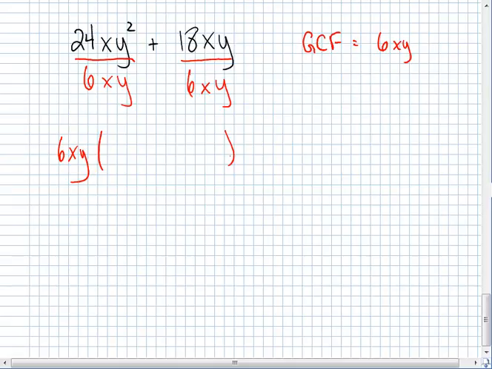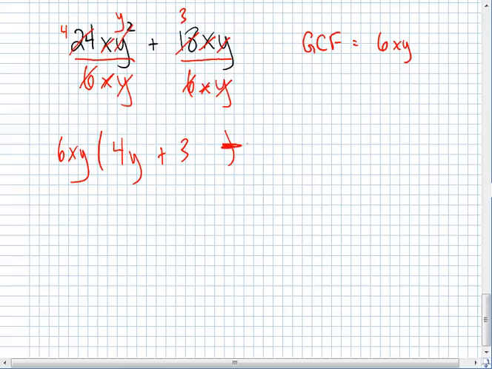In other words, 24 divided by 6 is just 4. And then x divided by x, that's just 1. That's nothing. I just don't write it down. We don't write down 1. Y squared divided by y is just y. So there's the first term after I divide by my GCF. Let's go to the second term. 18 divided by 6 is 3. X divided by x again is 1. Y divided by y is also 1.